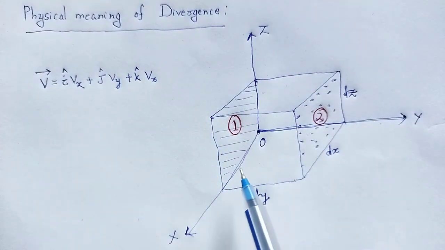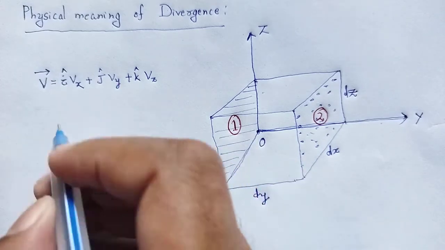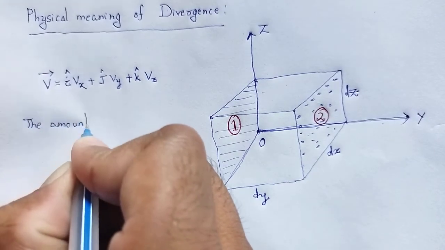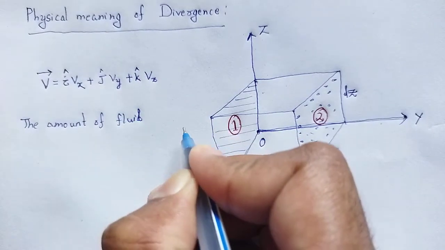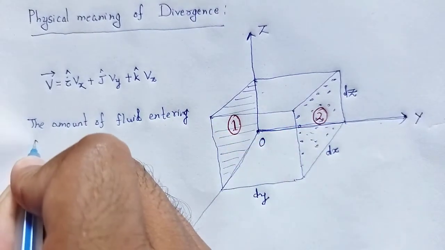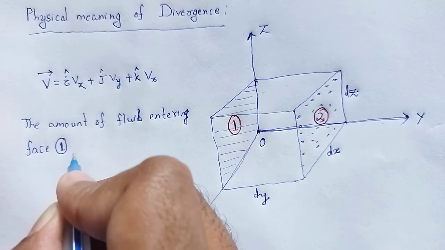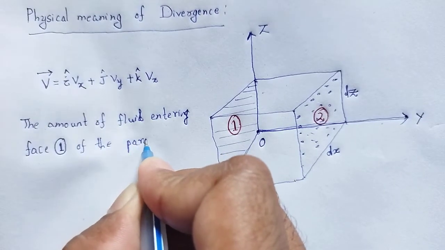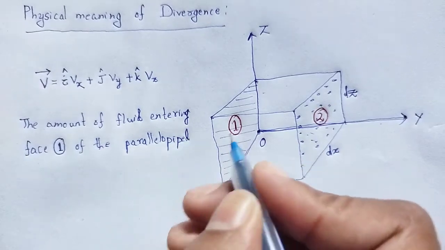Now we find the amount of fluid entering face 1 of the parallelepiped in unit time.